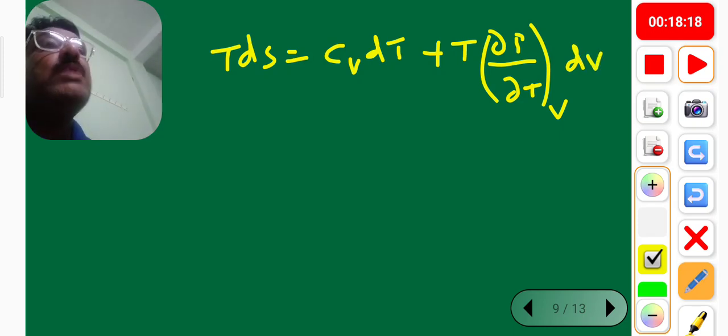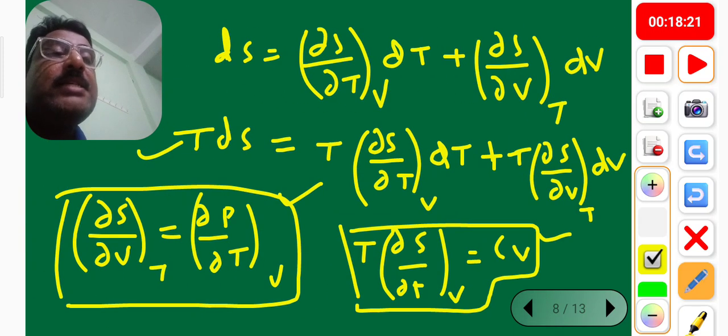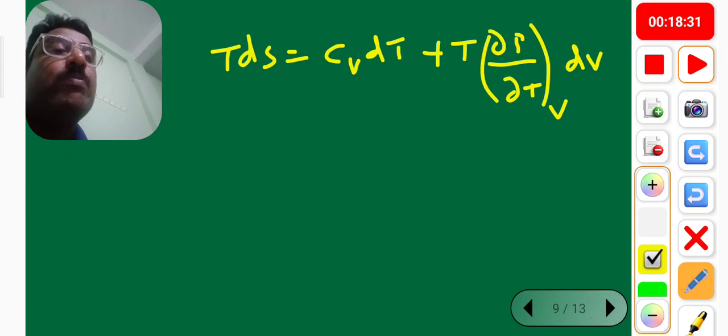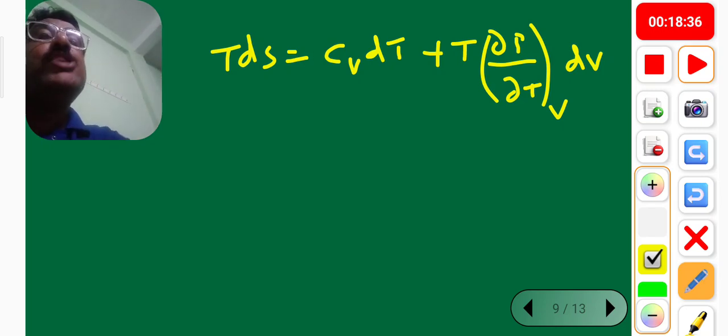This is what you will get after substituting these two. That is, we are substituting T (∂S/∂T) at constant volume as Cv, and (∂S/∂V) at constant temperature as (∂P/∂T) at constant volume. So I got this relation, right?